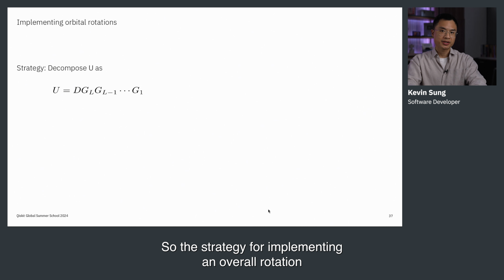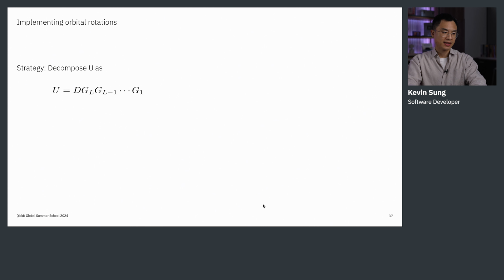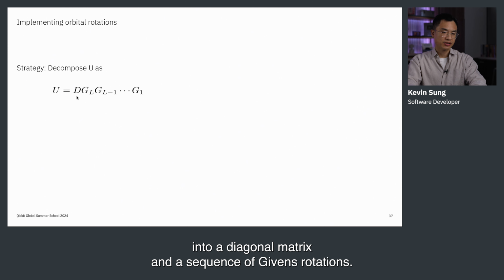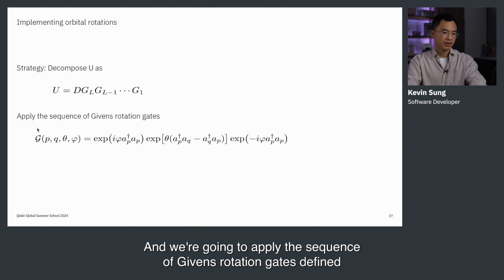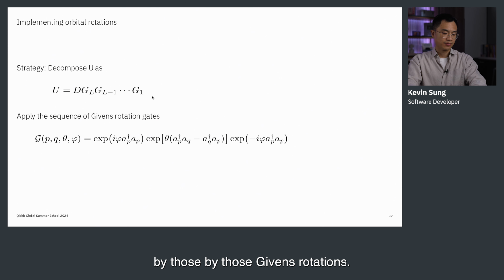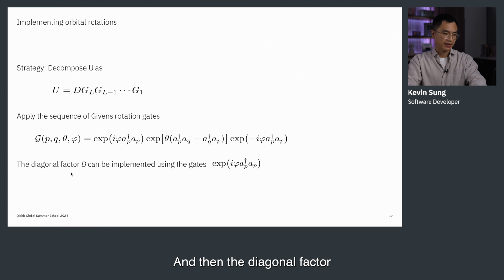So the strategy for implementing an orbital rotation is we're going to decompose U into a diagonal matrix and a sequence of Givens rotations. And we're going to apply the sequence of Givens rotation gates defined by those Givens rotations. And then the diagonal factor can be implemented using these phase gates.